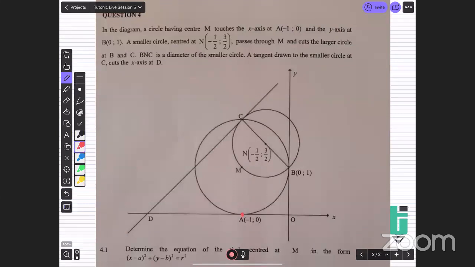So that already means, what does that mean for the radius that I'm drawing there? The radius is 1.